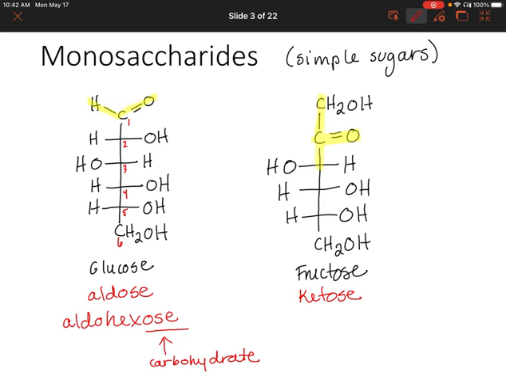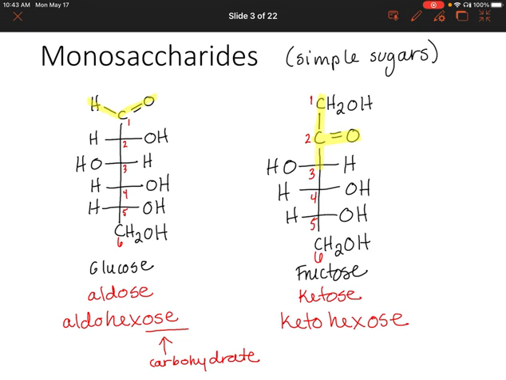Let's count our carbons. We have 1, 2, 3, 4, 5, 6 as well. So this would be a ketohexose. Okay, so not too bad there. These are just different ways to classify monosaccharides. If they have an aldehyde, they're an aldose. If they have a ketone, they're a ketose. And then you can further classify them by counting the number of carbons as well.